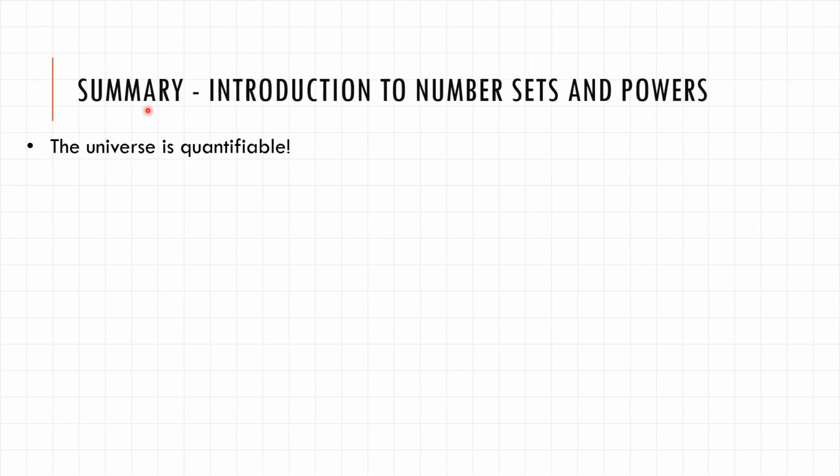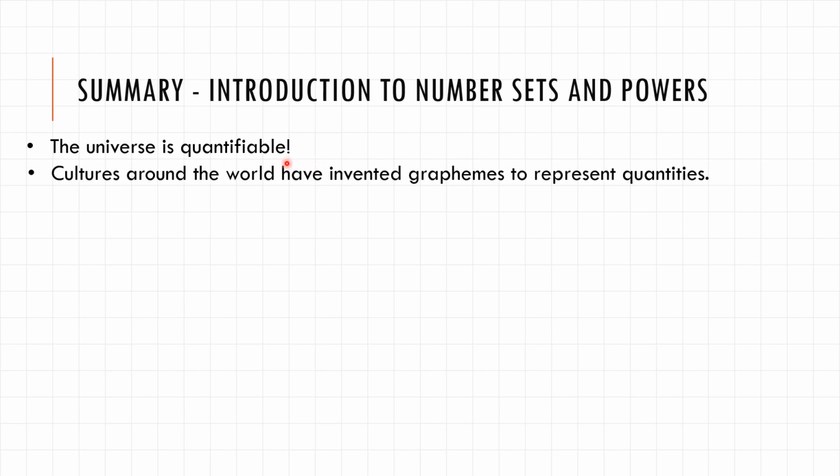And that's really all we need to get introduced to the idea of number sets and powers, which we will go into in a lot of detail throughout this unit. The universe around us is quantifiable. We can pick up objects, we can pick up quantities of objects, and we can count them. We can measure things like distances between objects.